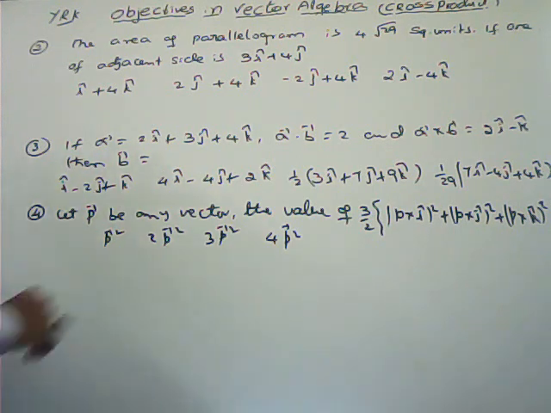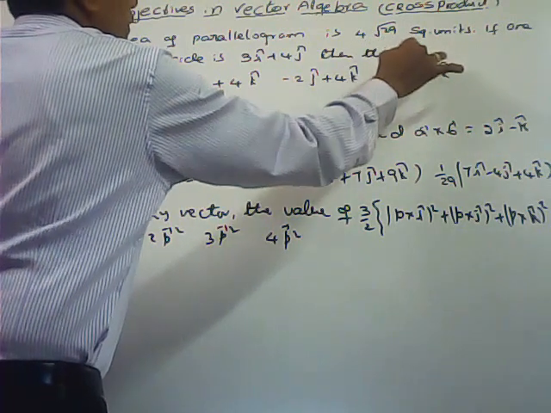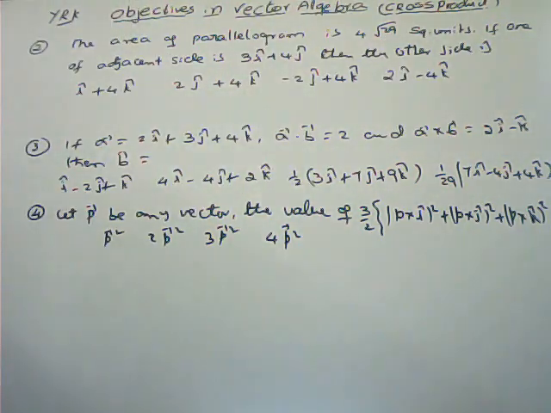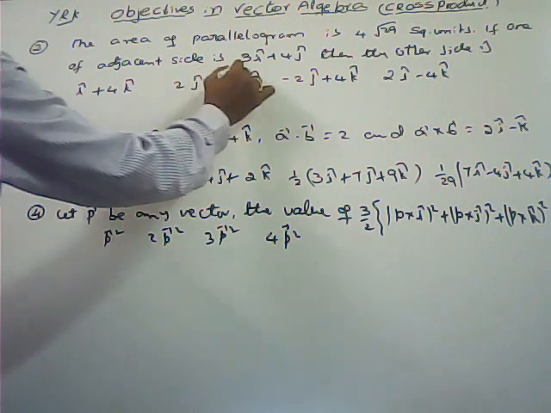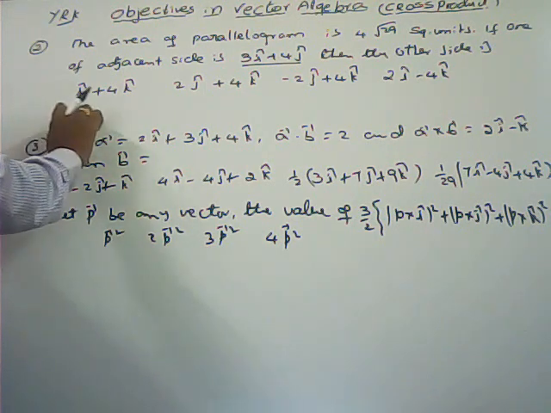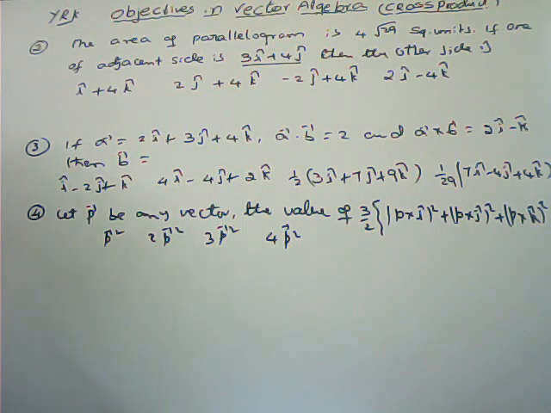Then the other side is... See, in this type of problems, the area of the parallelogram is given, and if you know the two adjacent sides, modulus of A bar cross B bar is the area of the parallelogram. One side is given, the vector in the direction of one side. Now we want the other side. So here you can verify the options, wherever you get the modulus of A bar cross B bar.